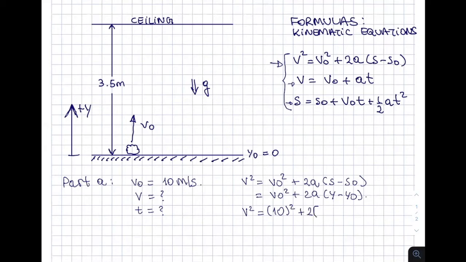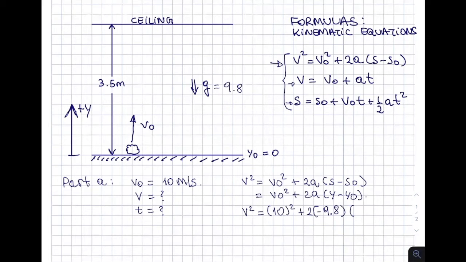Now a is going to be negative g. g in this case is 9.8, or always is 9.8, if you're doing problems on the surface of the earth.